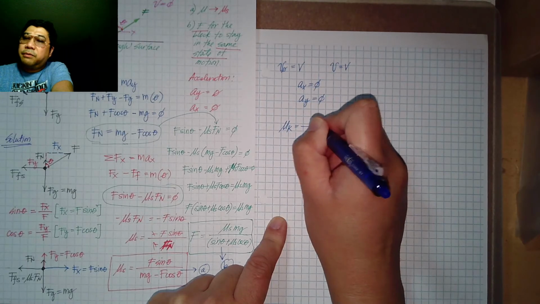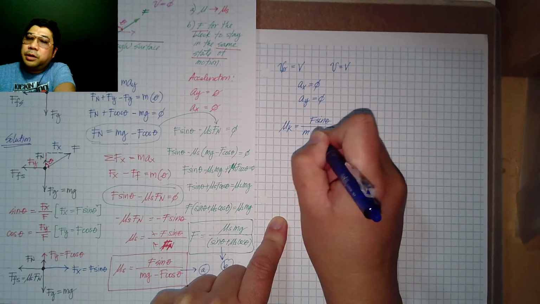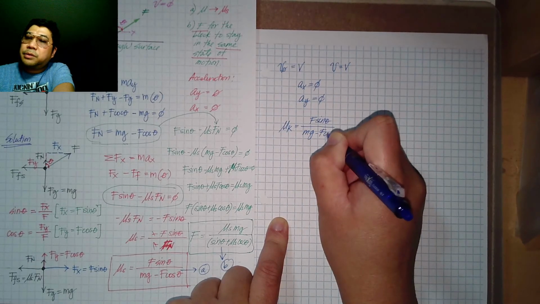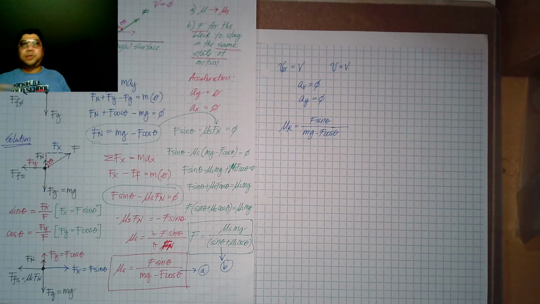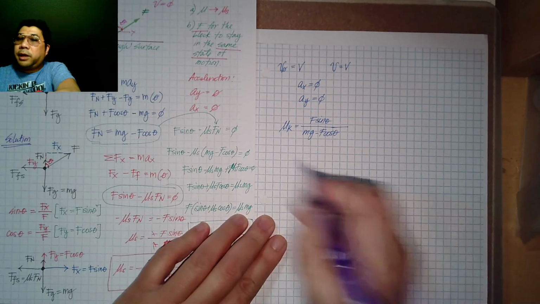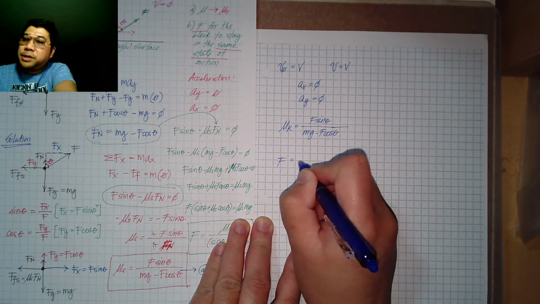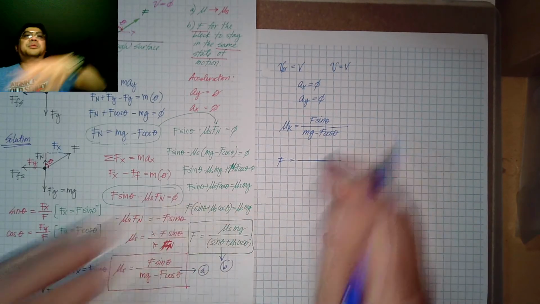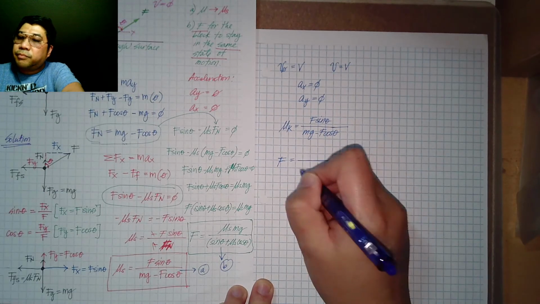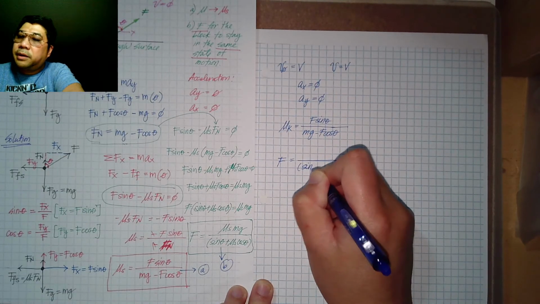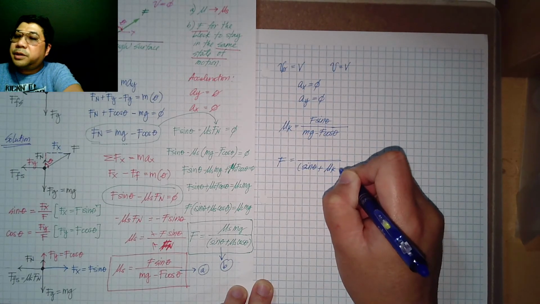So that is F sine theta minus mu k times mg minus F cosine theta, and that will be for letter A. For letter B, your F, or the amount of force that you can apply to make sure that it stays in the same state of motion, is going to be the numerator, the coefficient of kinetic friction times mg, over sine theta plus the coefficient of kinetic friction cosine theta.